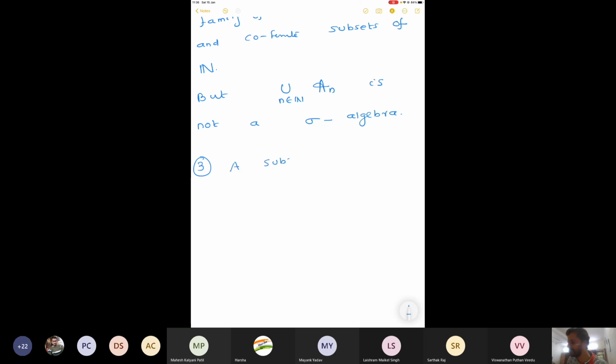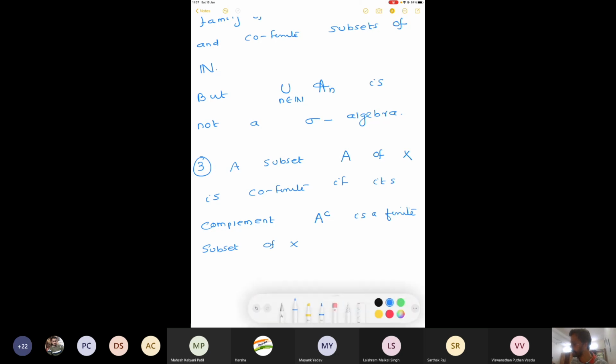A subset A of X is cofinite if its complement, A complement, is a finite subset of X. So there is a typo, I repeat. It should not be script A, it is just A, instead of script A in the given sheet.